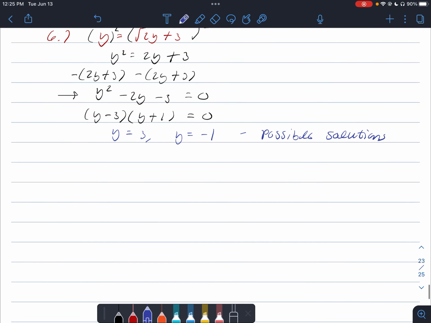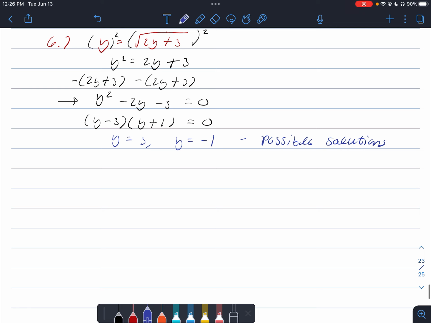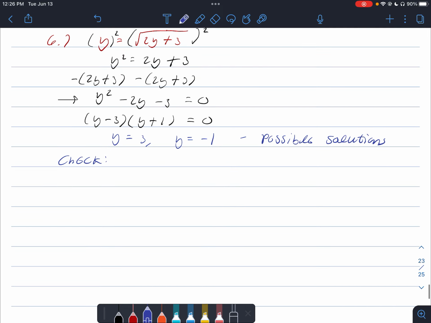Let's check y equals 3 first. All right, so we should get something that makes sense here if we plug in y equals 3. So let's do that. 3 squared is equal to the square root of, oh wait, no, we don't want to square that because the initial one didn't have that. We just initially had y. So we have, sorry about that.